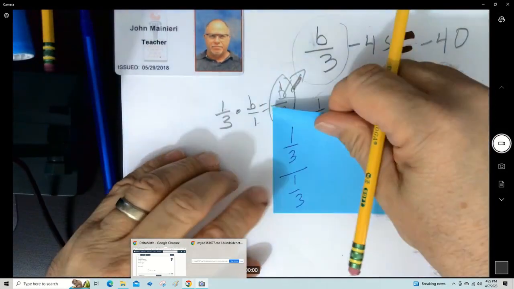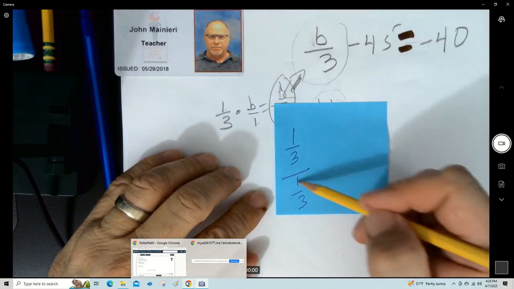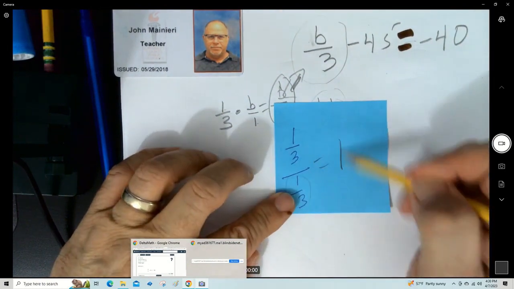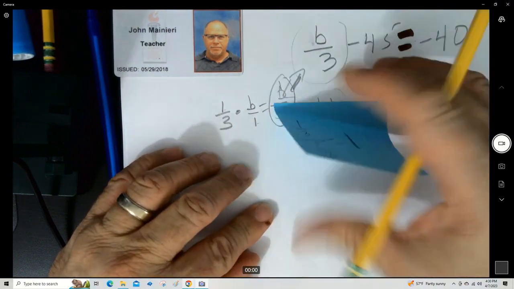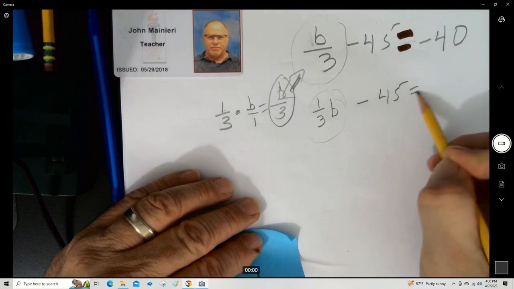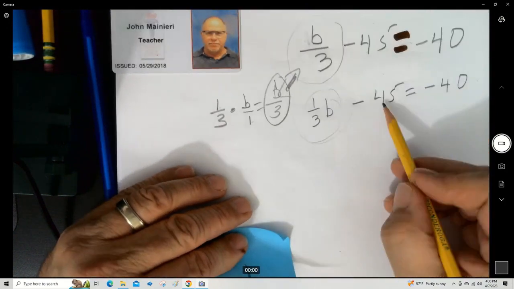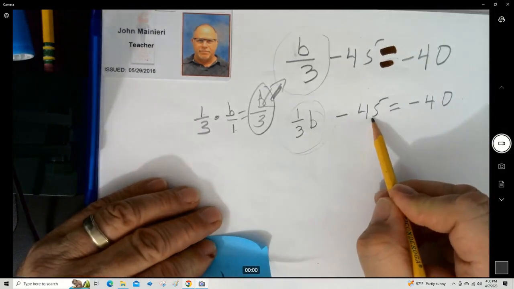Wouldn't you know it? I didn't even know that problem was coming. Remember that one? Any number divided by the same number is 1. Well, this is what we're going to have to do here in a second. So we've got minus 45 equals minus 40. First we've got to isolate that, so we do the additive inverse of negative 45.